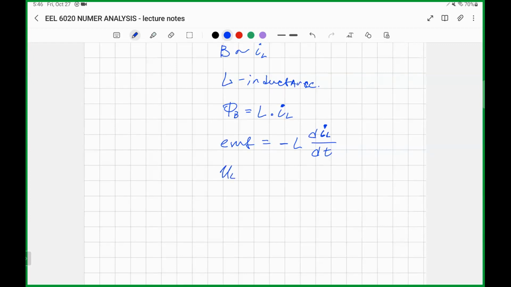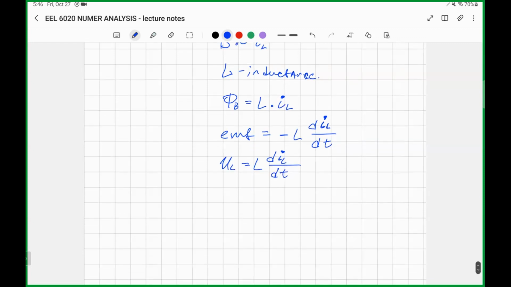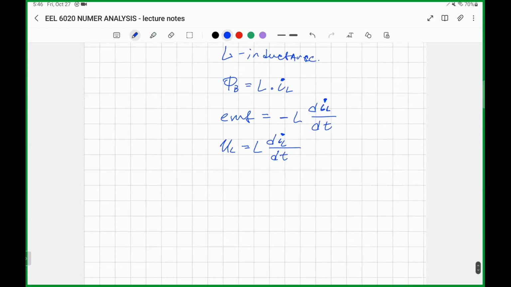So the voltage drop U_L is equal to L d i_L over dt. So if current is increasing, the electromotive force is induced to reduce the current. If it reduces, then the electromotive force supports the current. So it always resists the reason it causes.